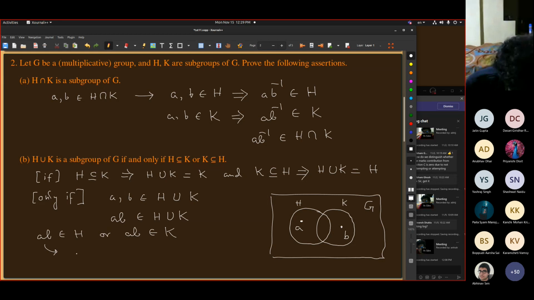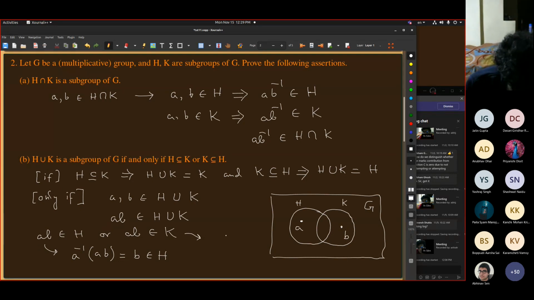This implies that H is a group. It is closed under inverse, so A inverse is in H. AB is in H. By associativity, this will become B. It should also be in H. So this is a contradiction because B is taken to be outside H.